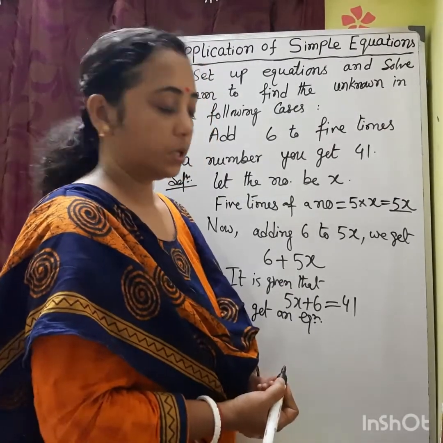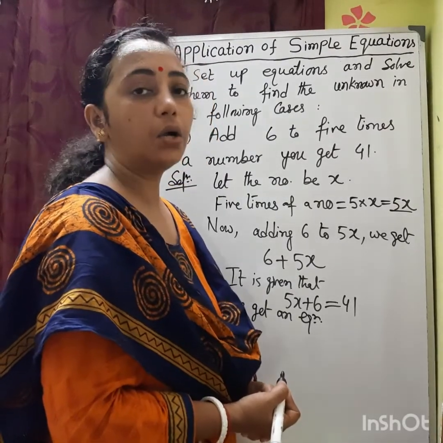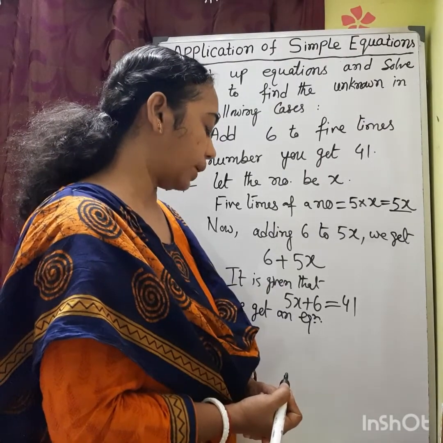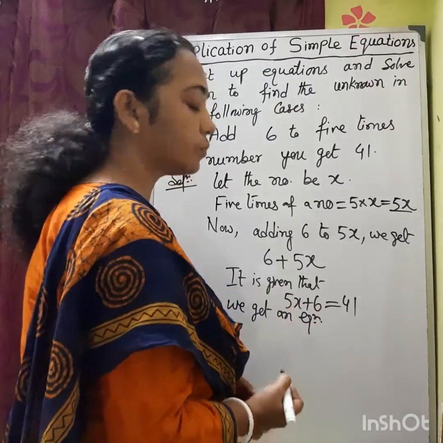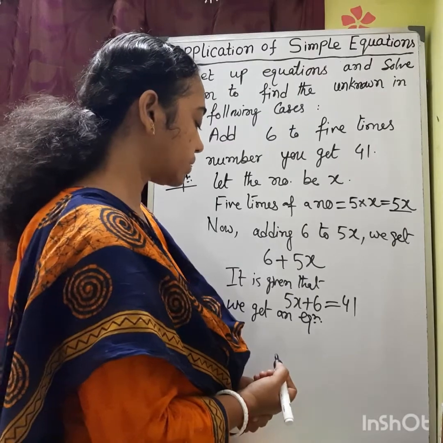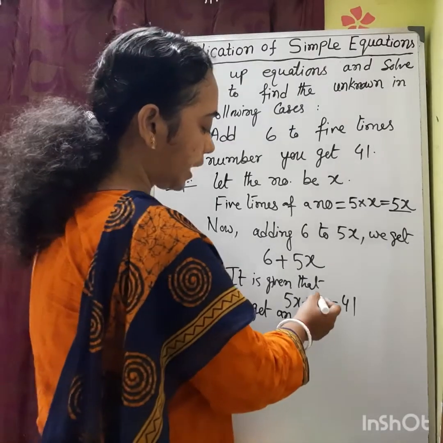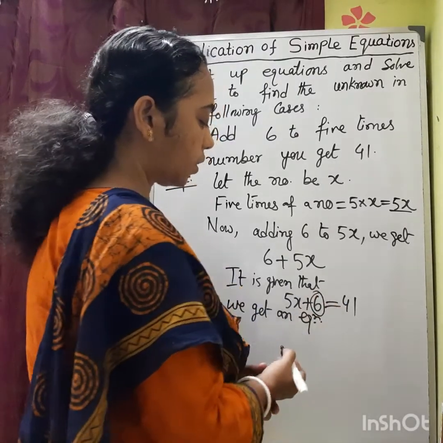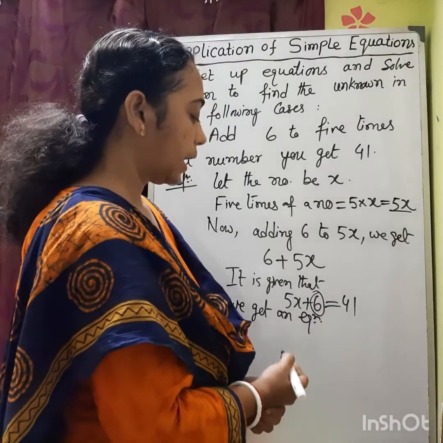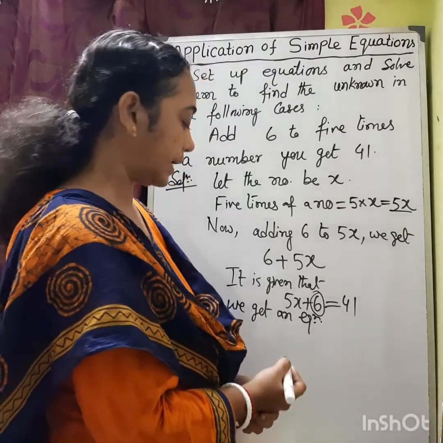Now what to do? We have to find the value of the unknown variable or unknown quantity, that is x. So for that we need to solve this equation. For that we have to remove this constant 6 from the left hand side, and then we transpose this 6 to the right hand side.